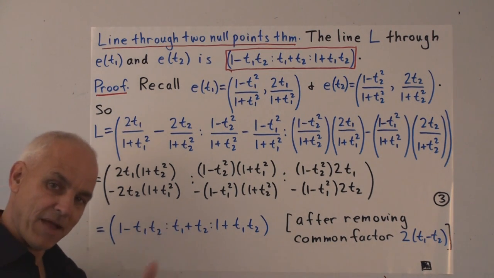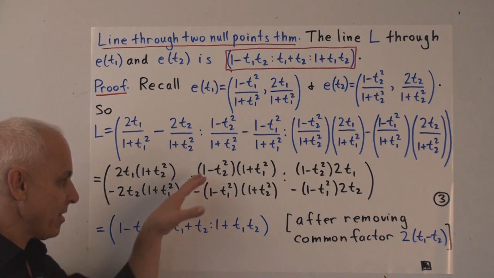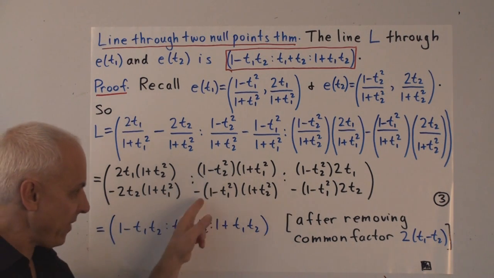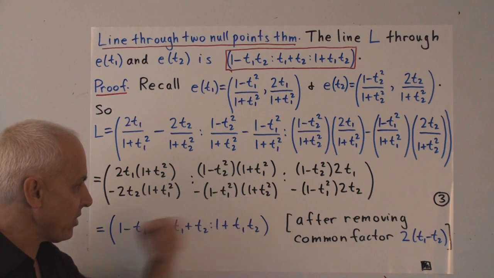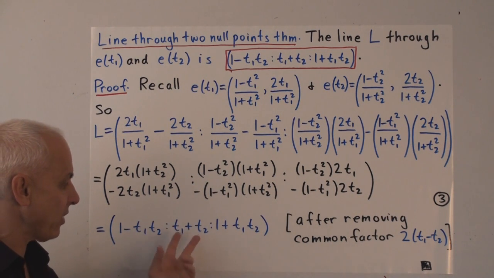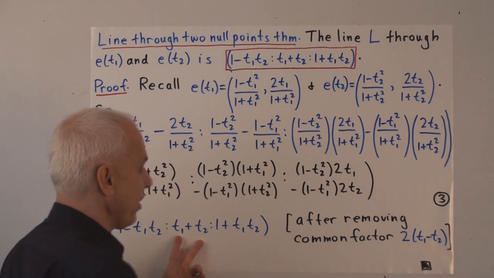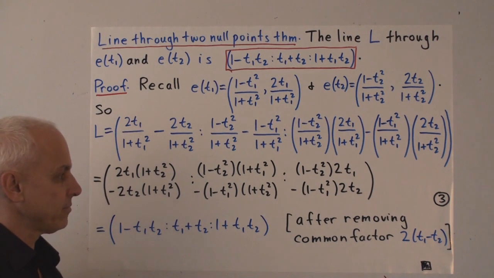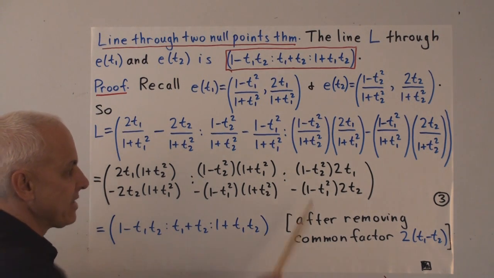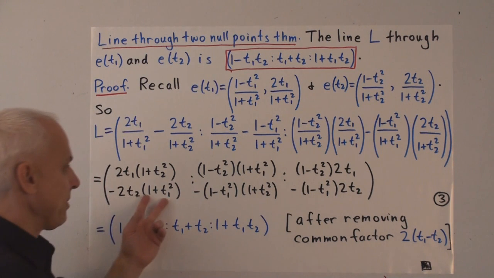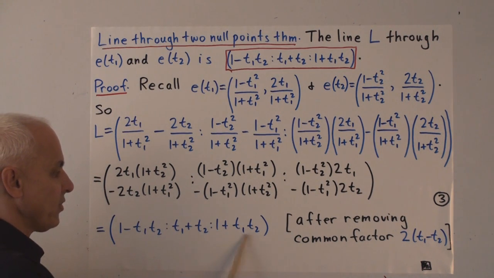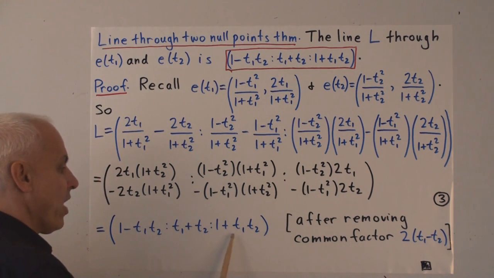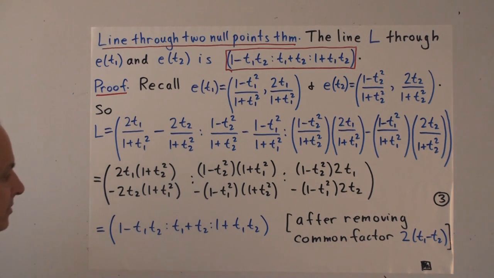So some of you will not be that comfortable with the algebra. Write it out. Okay? Expand this all out. Make sure you see that when you simplify that, expand it out, you're going to get this term here times t1 plus t2. And similarly over here, you can expand that out. It's the same kind of story as over here. And after you cancel this common factor, you can get 1 plus t1 times t2.